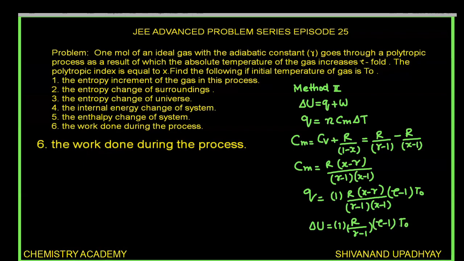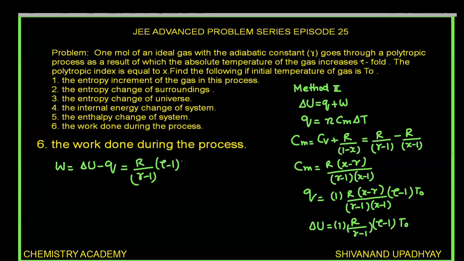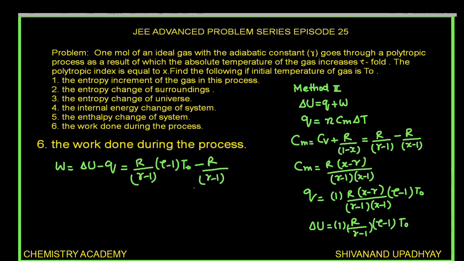So by using the first law of thermodynamics, I can write that work done is equal to delta U minus Q. Putting in the value of delta U, R upon gamma minus 1 into tau minus 1 T naught, and minus Q, this is R upon gamma minus 1 times x minus gamma upon x minus 1, and this is tau minus 1 into T naught.